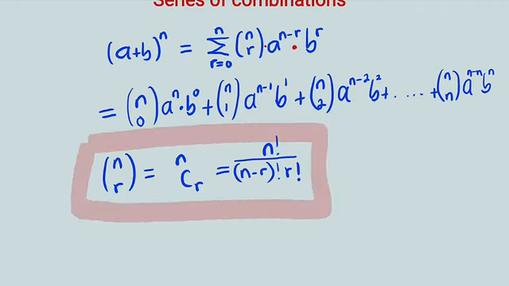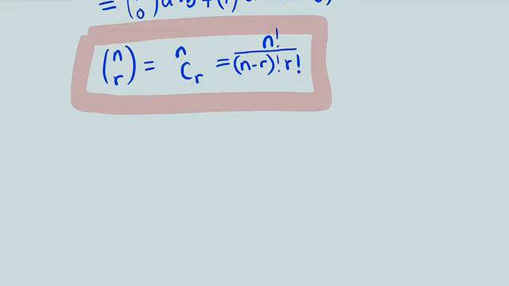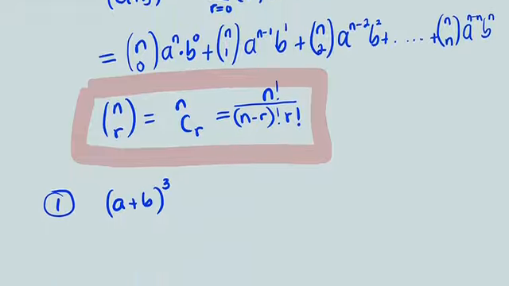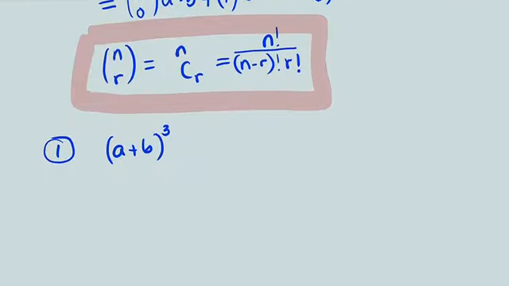So now let us take some problems at random, like 2 or 3. Number 1, suppose we want to expand (a + b) raised to the power of 3, for example, where our n is equal to 3 in this case, so we have only 4 terms.